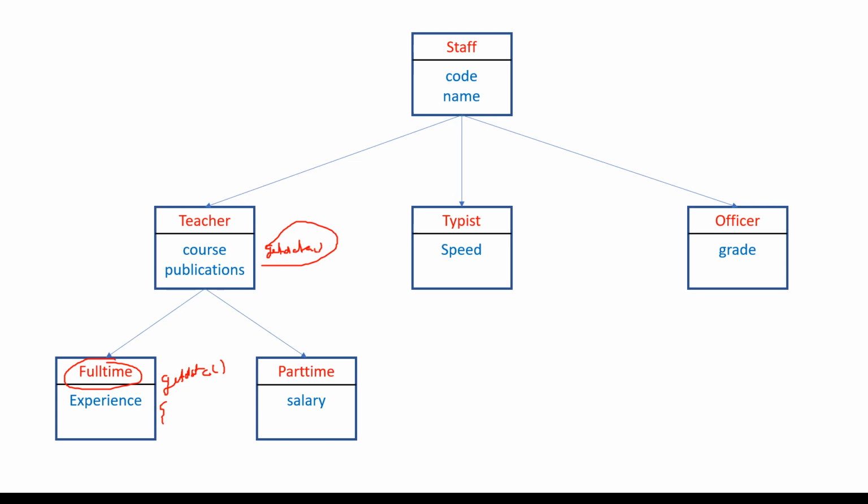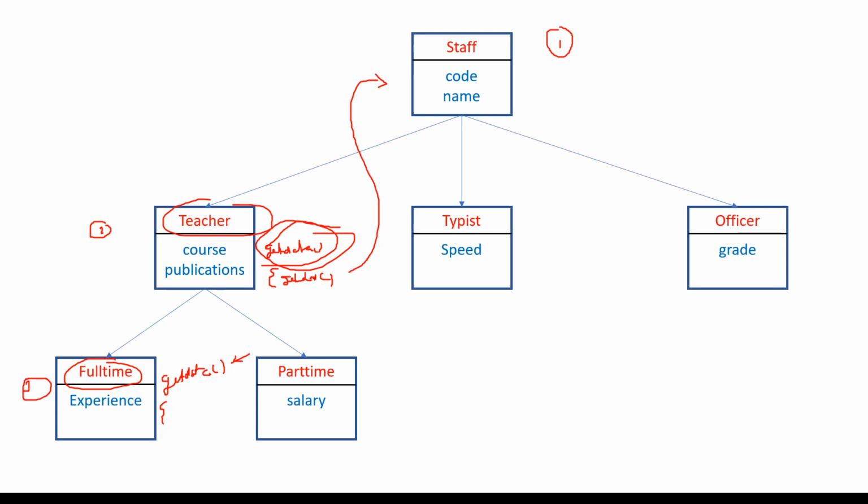So whenever I call the full-time get data function, first it will call the get data function of the teacher class. Whenever you define the get data function inside the teacher class, I will call the get data function of the staff class. So again it will go over here. This way the get data function of staff will be called first, secondly the get data function of teacher, and thirdly the get data function of full-time. So this is way 2.